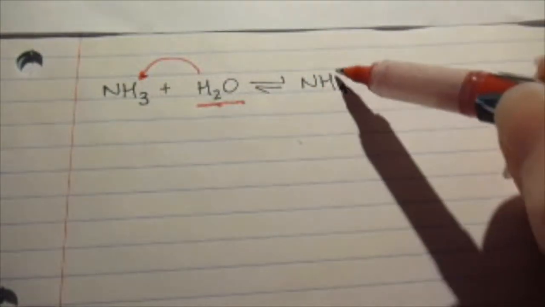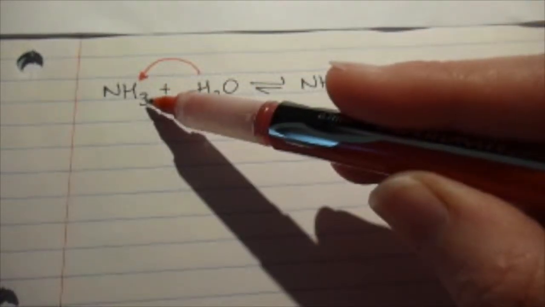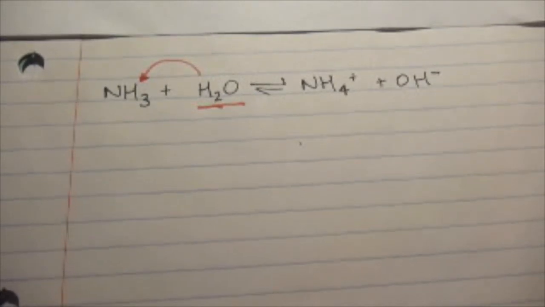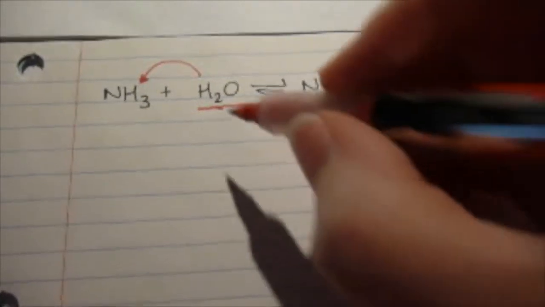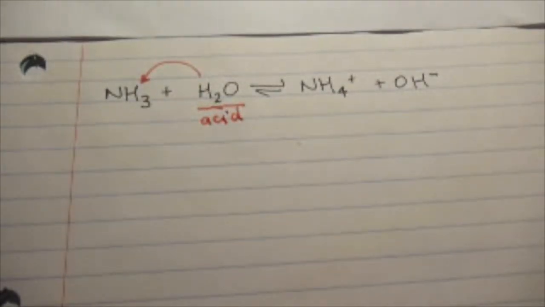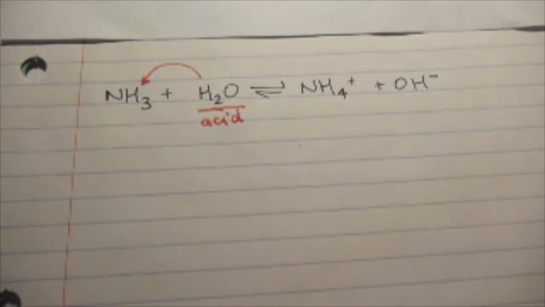Okay, because we've got NH4 over here, so it's one more proton than ammonia. So, in this particular case, water has to be the acid, which means that because water has donated the proton and ammonia has accepted the proton, ammonia is the base.